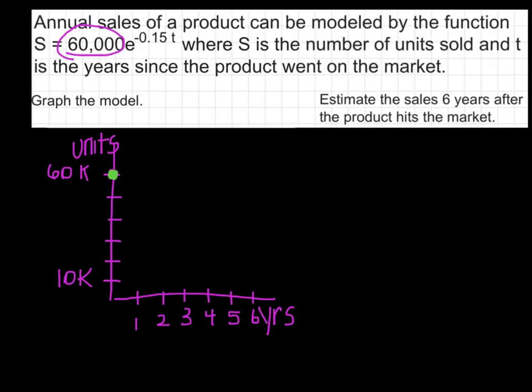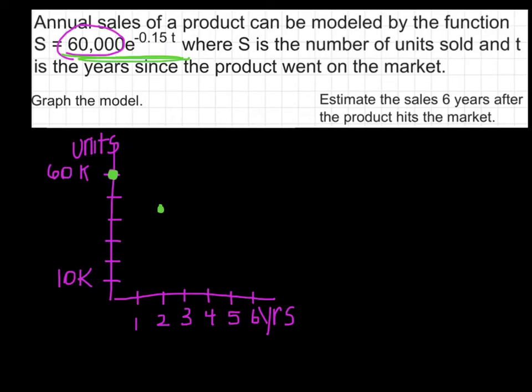So this is on the calculator portion, obviously, so we're going to put this equation into y equals. And I see that after 2 years, I have about 44,000. So 10, 20, 30, 44, which would be about here.